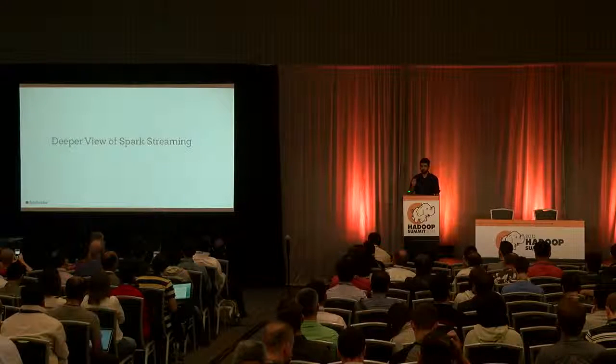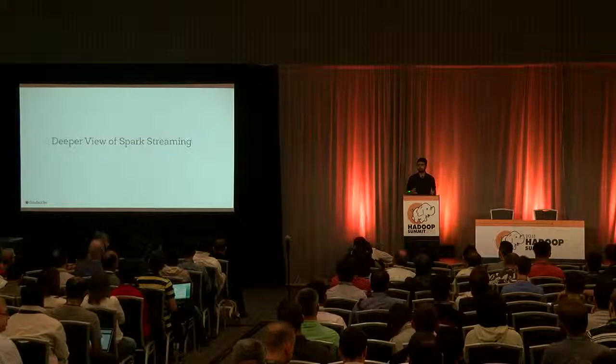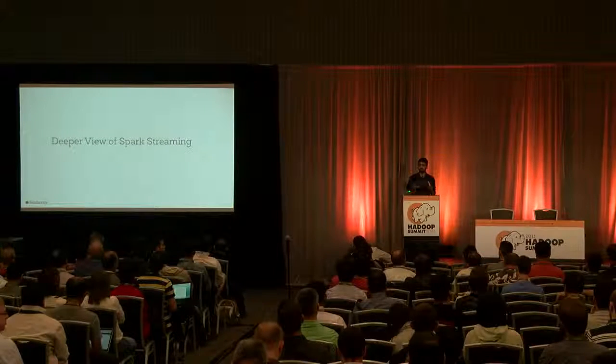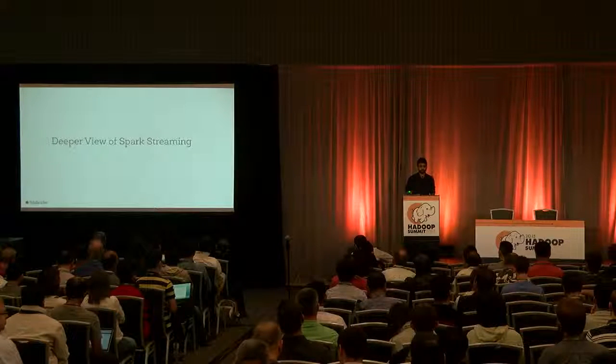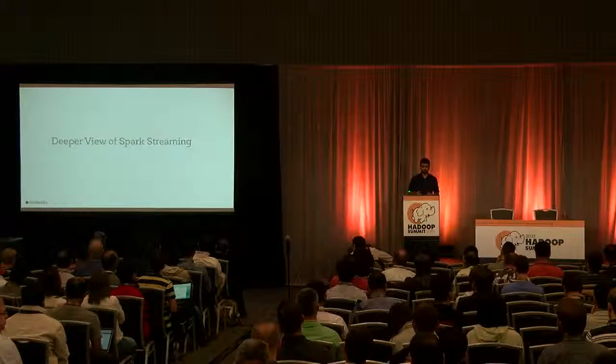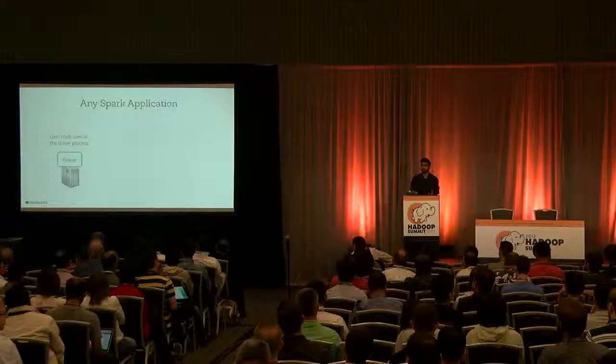This is the deeper view of Spark Streaming. Hopefully I can give you a better understanding of what Spark Streaming is underneath the simple API. Spark Streaming is just like any other Spark application, since it runs on top of Spark.